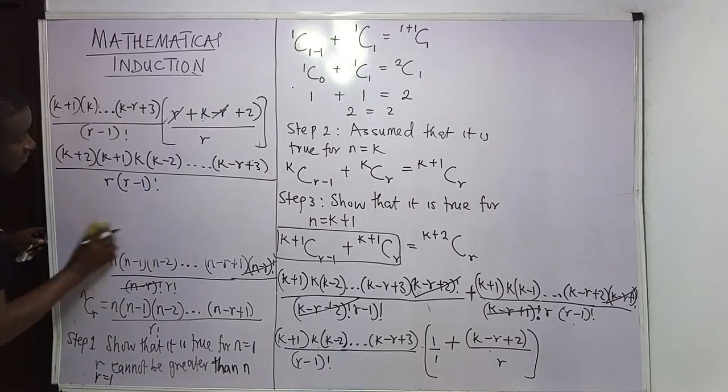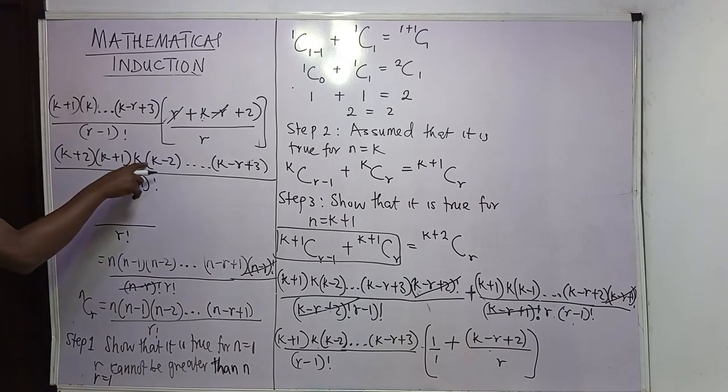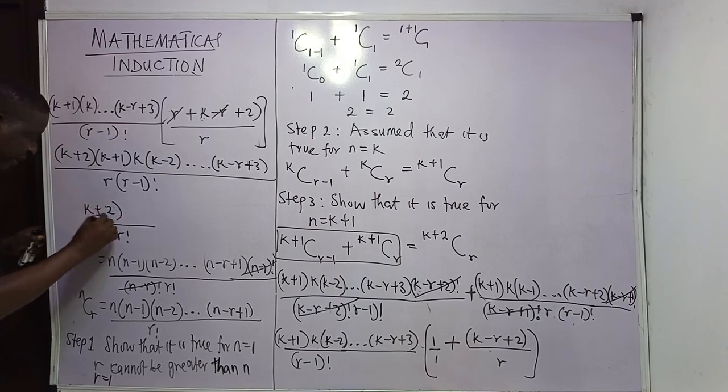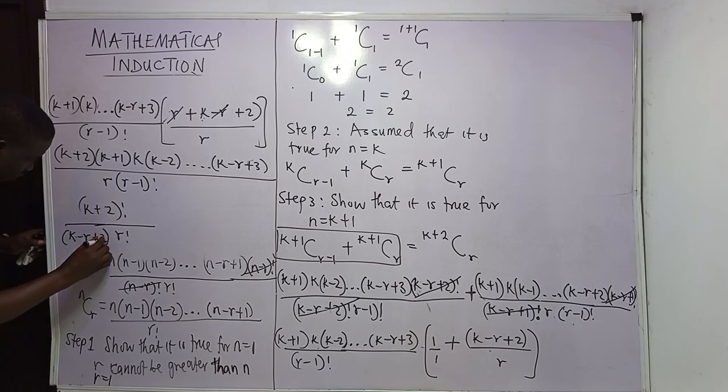So what we have here is more or less r factorial. So what we have here is k plus 2 factorial. And then we now have it as k minus r plus 4 or plus 2 factorial.